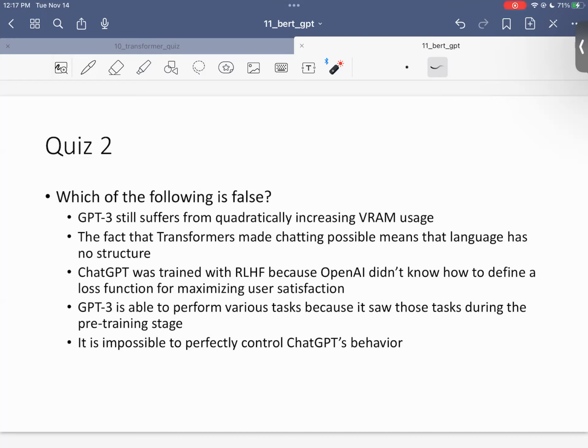And number 4, GPT-3 is able to perform various tasks because it saw those tasks during the pre-training stage, and that is no. As I said, for example, the unicorn example doesn't exist in the world, so it had to imagine and stick to the context, and it did, even in GPT-2.